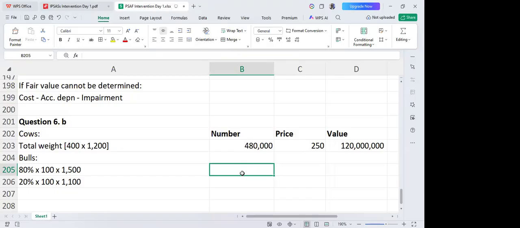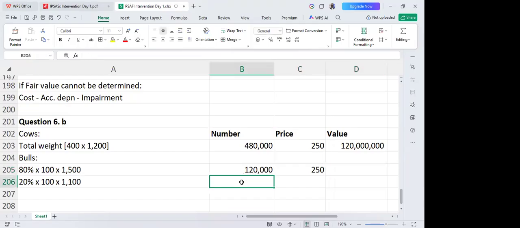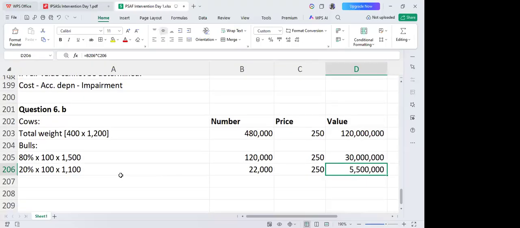The first one is 120,000, and the price is 22,000. We multiply them to get their respective values. So this will be 30 million and this will be 5.5 million.